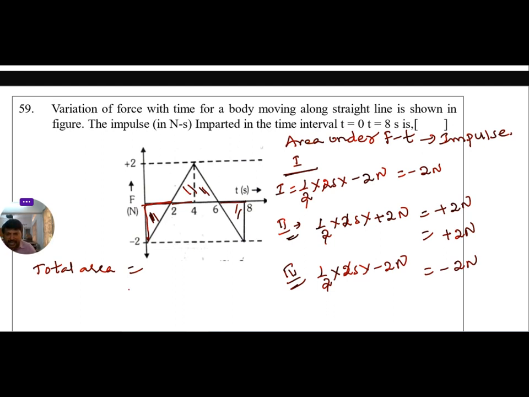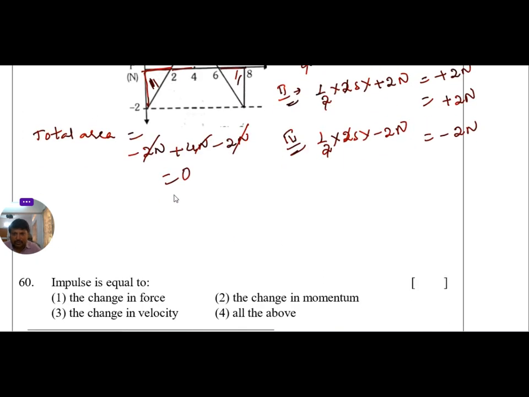The total area is minus 2 Newton plus 4 Newton minus 2 Newton. Minus 2 plus 4 minus 2 is equal to 0. So total area equal to 0. That means impulse is equal to 0. So option 1 is the right answer.